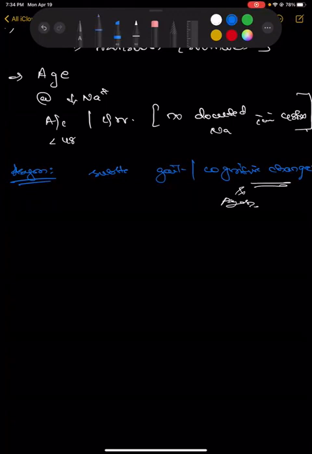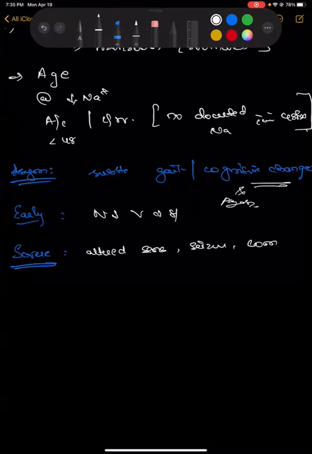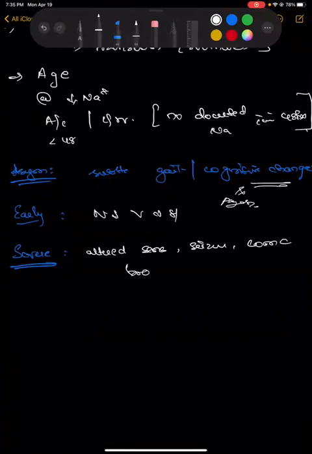Early symptoms would be nausea, vomiting, and headache, which are very non-specific. When it becomes severe, the patient will develop more pronounced neurological manifestations like altered sensorium, seizures, coma, brainstem herniation, and eventually demise.